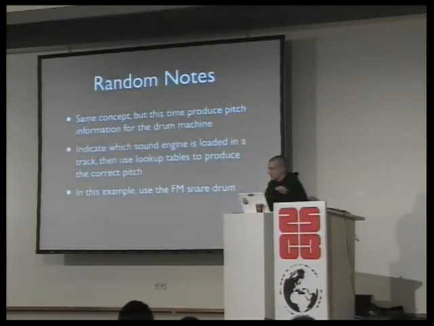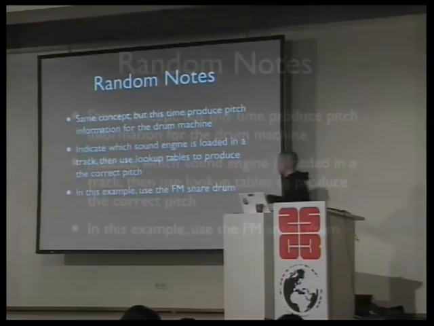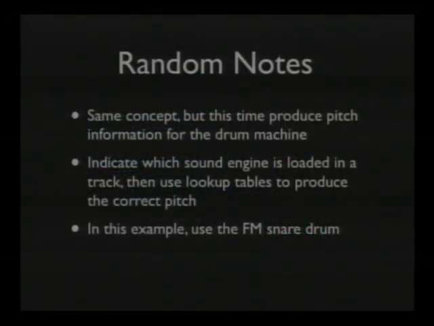And the program I'm going to show you now is called random notes test. It's the same concept as what I showed before, but this time I'm going to produce some pitch information for the drum machine. So I have this snare drum. I took my frequency analyzer and input every value for the pitch and just wrote down what frequency it was and then mapped it to notes.